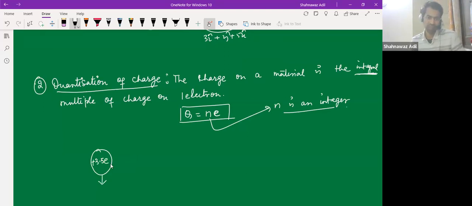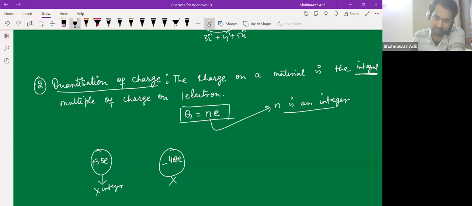No, sir. Of course, this is not an integer, so this charge cannot pass, right? And somebody says that the charge is minus 4.8 e, so this is also not possible. This is also decimal. So charges can never be these decimal numbers, right? So this is the quantization of charge.